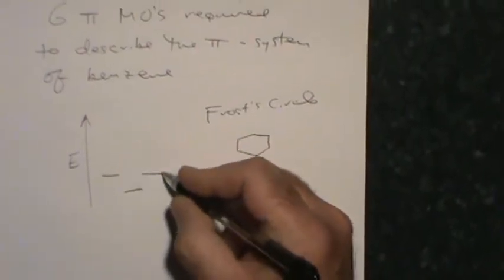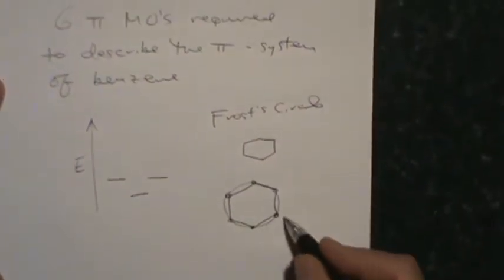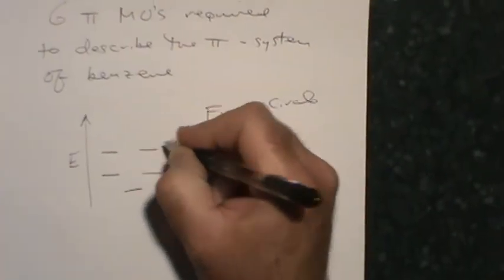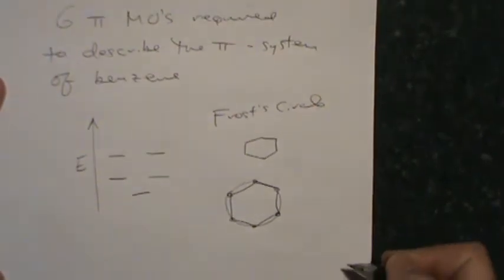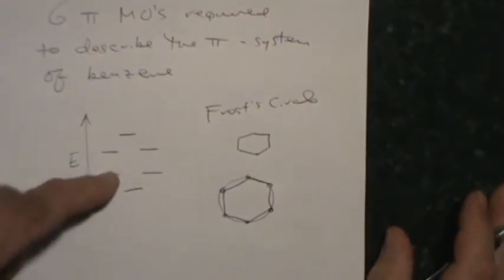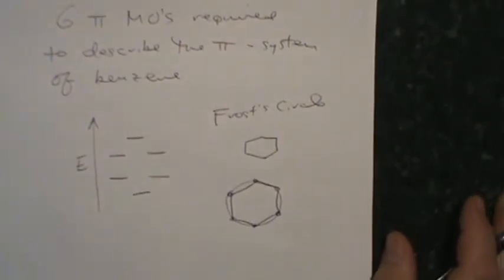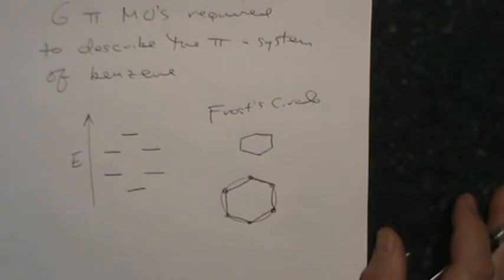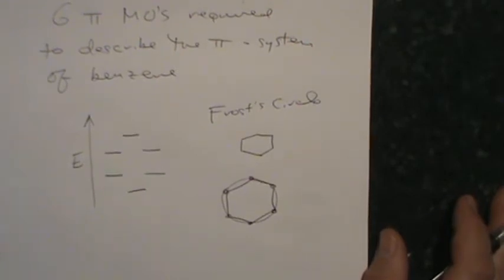These two are degenerate with respect to each other, which means they're of equal energy. And then there's two more above that, which are degenerate. And then finally there's one all the way up at the top, which is unique. So this would be a very crude but fairly accurate picture of how the 6 pi molecular orbitals of benzene would be placed along an energy axis.